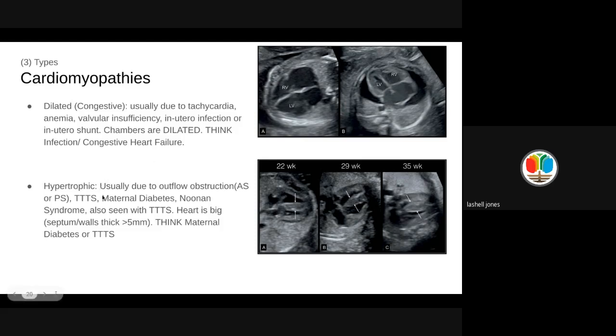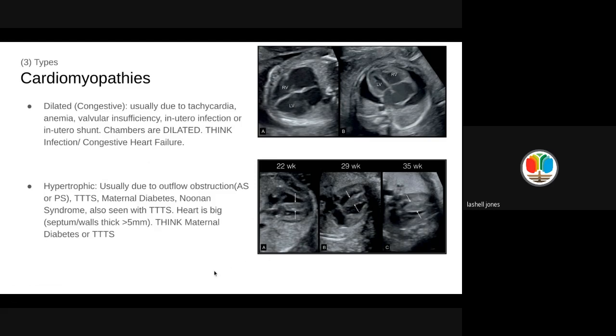Opposite of your hypertrophic. Okay, so when you see a hypertrophic, it's usually due to an outflow obstruction, whether it's aortic stenosis or pulmonary stenosis, twin-to-twin syndrome, maternal diabetes, Noonan syndrome. Okay. The heart is going to be enlarged. So you're going to have a very large heart.